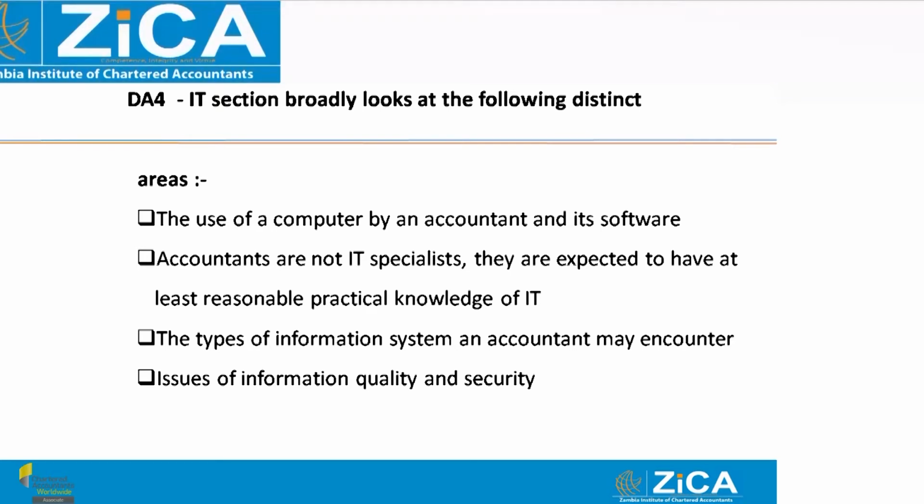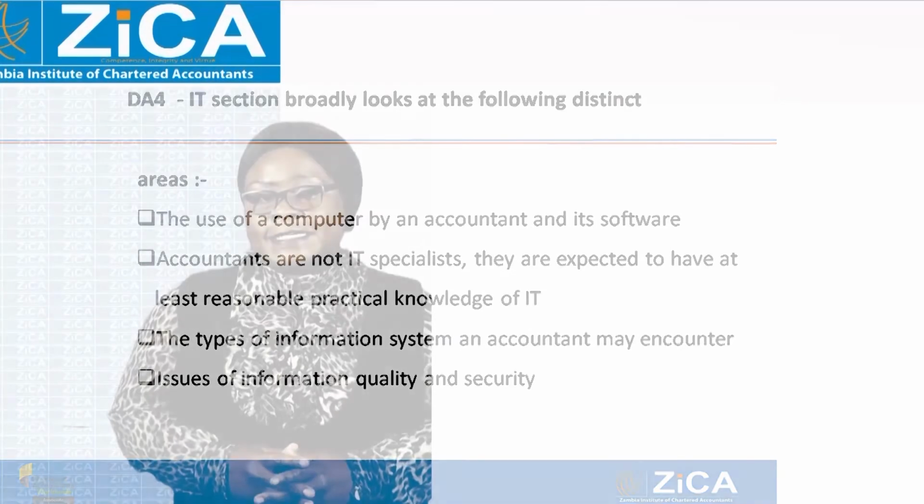The use of the computer by an accountant and its software. Accountants are not IT specialists. They are expected to have at least reasonable practical knowledge of information technology. The type of information systems an accountant may encounter, and the issues of information quality and security.